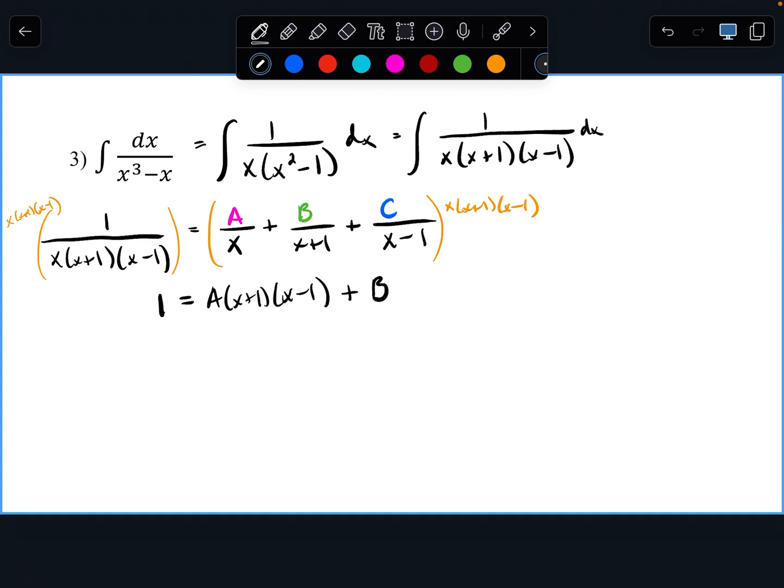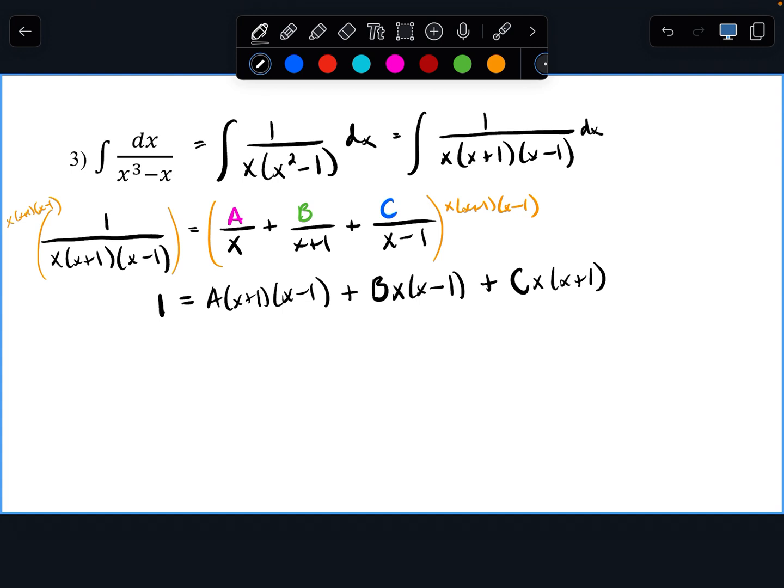So what will be left next to the b is just the normal x and then the x minus 1. And then c, only the x minus 1 will cancel. So you're left with the x times x plus 1.